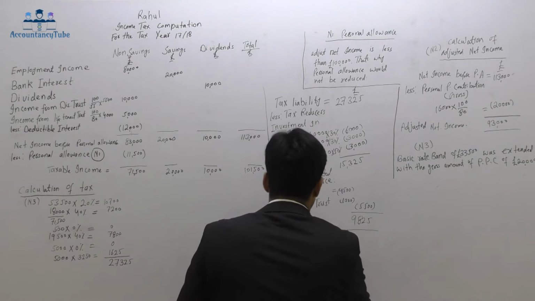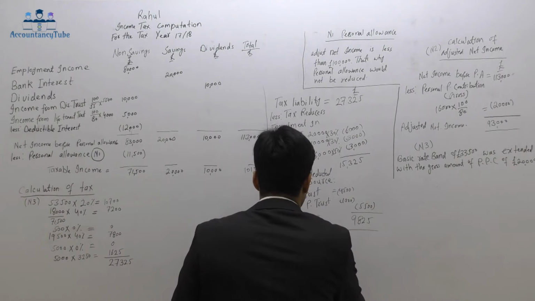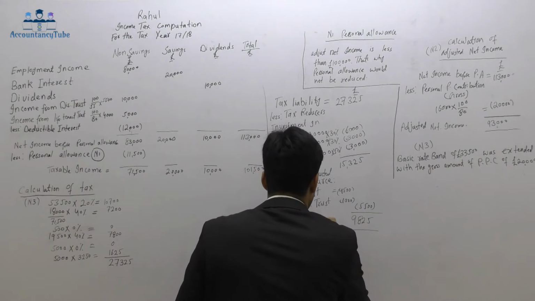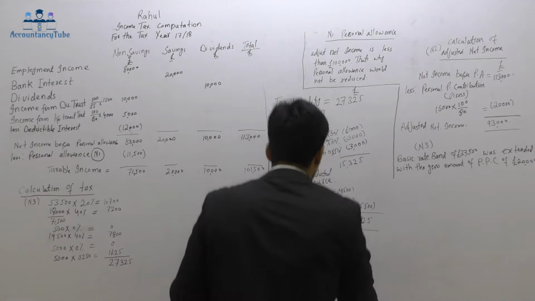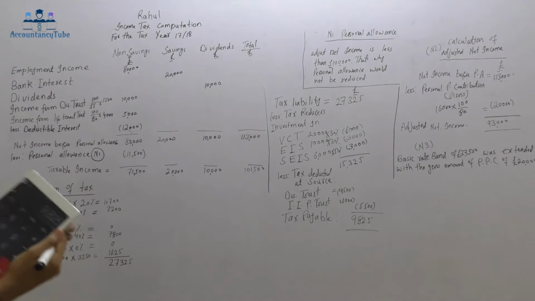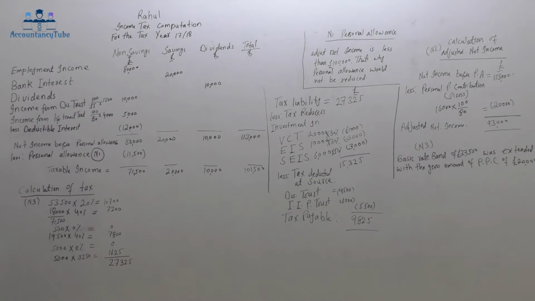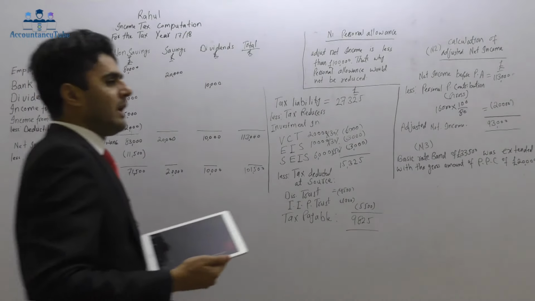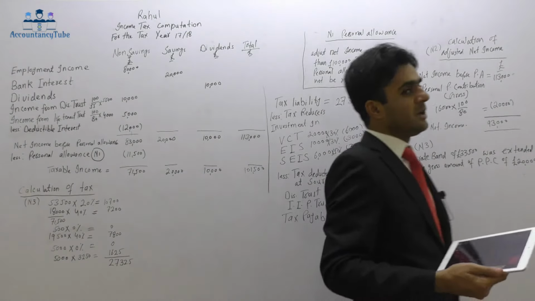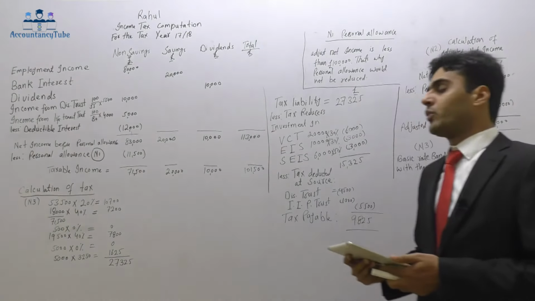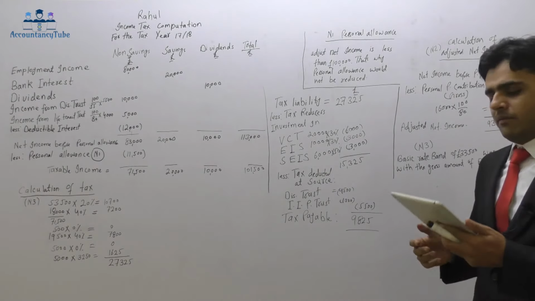9,825 is my tax payable to HMRC. But please make sure, there was one thing which we omitted earlier, which we need to consider now, which is child benefit.